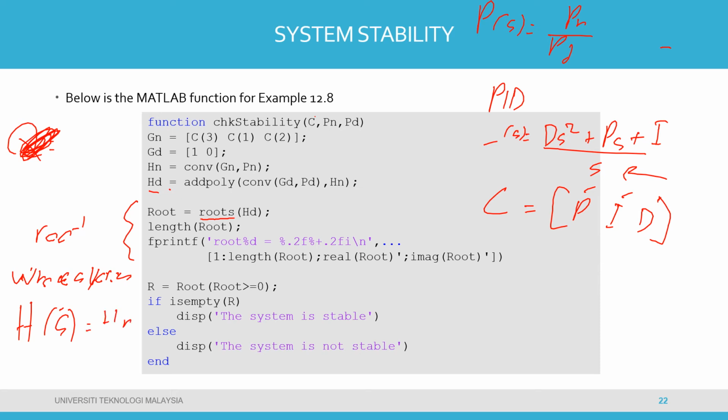So hash n and hash d. To analyze this whole system, you only have to analyze the roots of the denominator only.